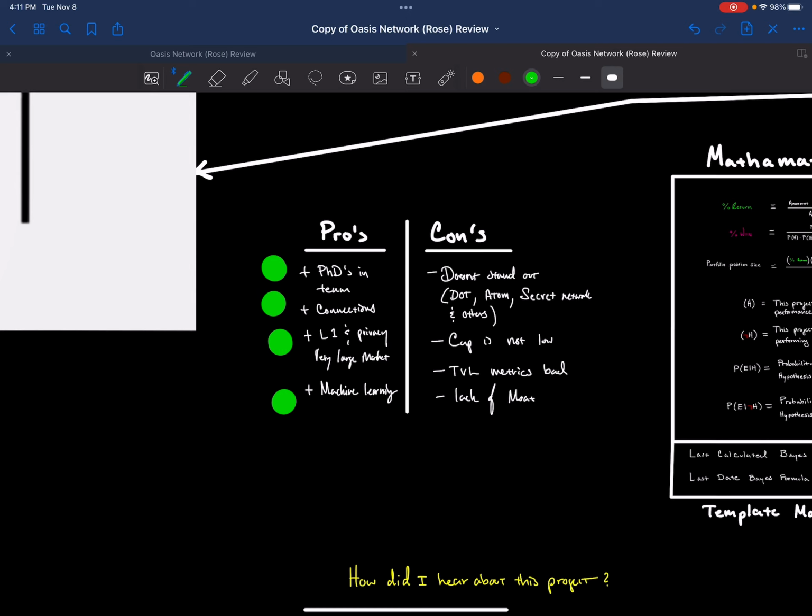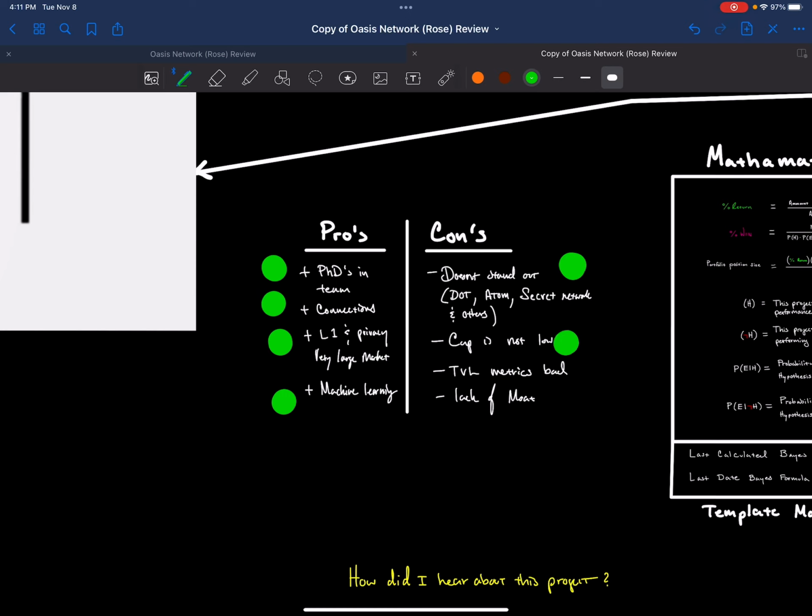The cons: it doesn't stand out too much, and it has a lot of competition with Atom, Dot, Secret Network, and others. There are many different parallelization projects, like even Geek is another project that I'm aware of that has this kind of parallelization model that allows for customization of runtime environments. So it's not unique in that sense, so it does have a decent amount of competition.